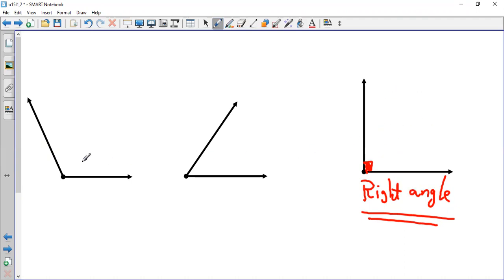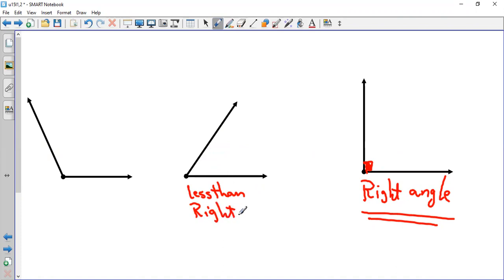And also we can see these two types of angles in our life, like the angle between our fingers is like this, which is less than a right angle.